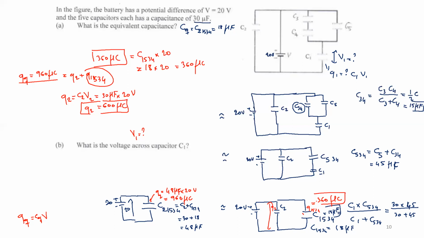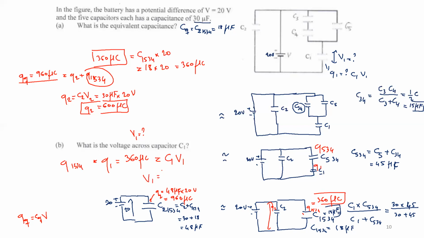This 360 microcoulomb is the same as Q1, which is the same as Q534. So Q1 is 360 microcoulomb, and you know why? So this is just Q1534. This is equal to C1 V1.